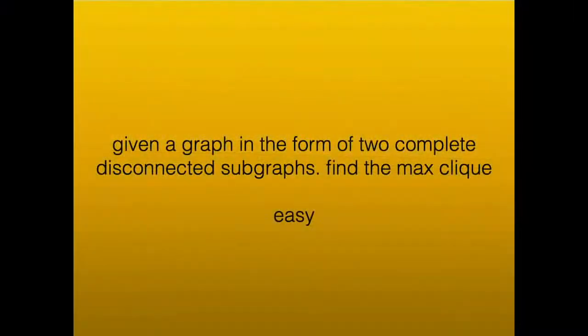So let's take a look at some bipartite graph applications. Actually, this is not bipartite, but let's say you are given a graph in the form of two completely disconnected subgraphs, like two cliques. Find the maximum clique. Easy, just take the maximum between the two, right? But now let's say the graph is two cliques, but there can be edges in between.